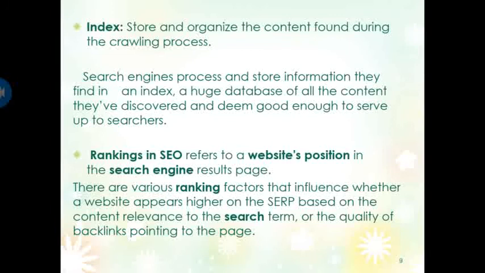Search engines process and store information they find in an index. It is a huge database of all the content they have discovered and deemed good enough to serve up to searchers. After storing the data in the index, they provide data to the servers whenever they want to retrieve it.